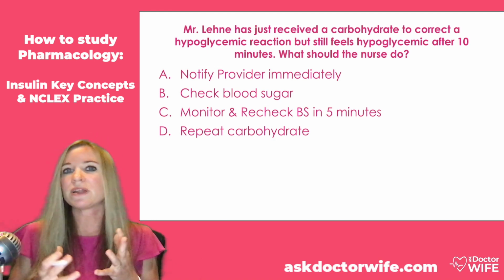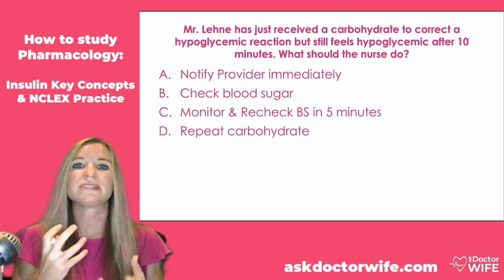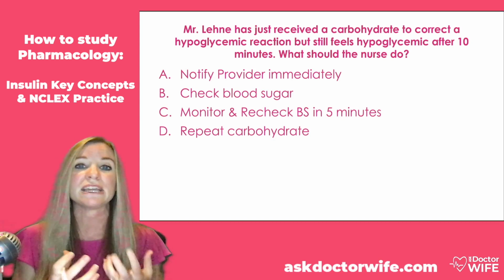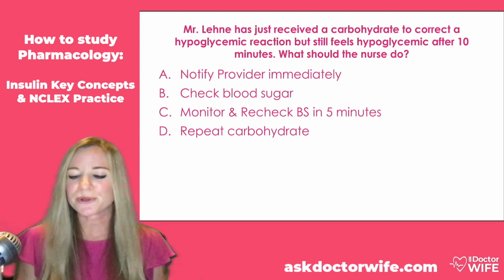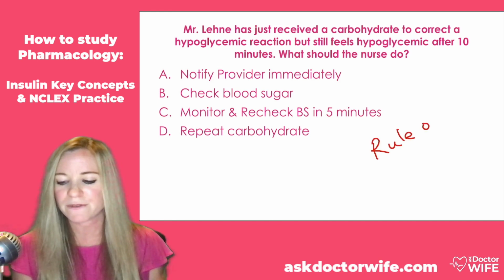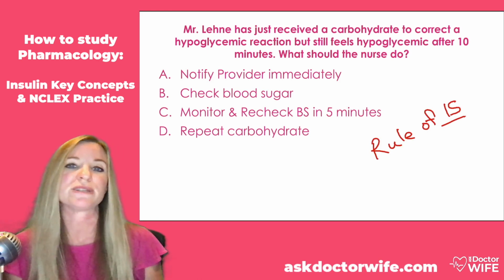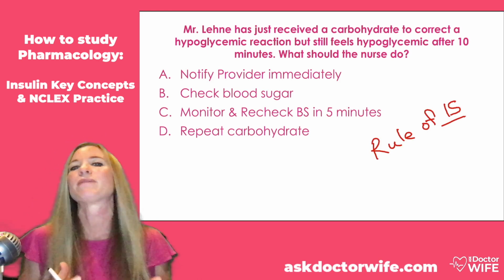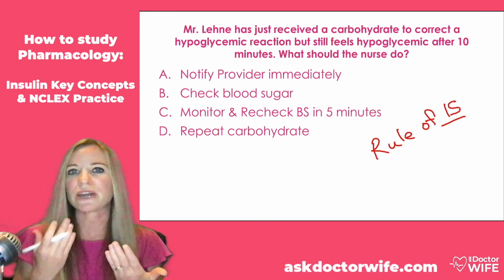So this is one of those things that nurses have kind of adopted a plan for, with how to take care of low blood sugar. And that is this thing called the rule of 15s. So it's called the rule of 15. And the idea is that if you intervene with someone's blood sugar, it typically takes about 15 minutes to really see an impact, especially if you're doing it orally.